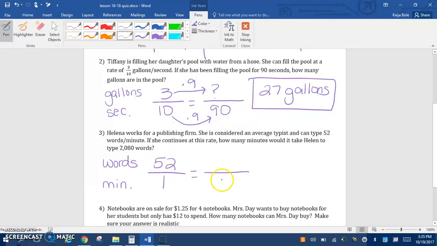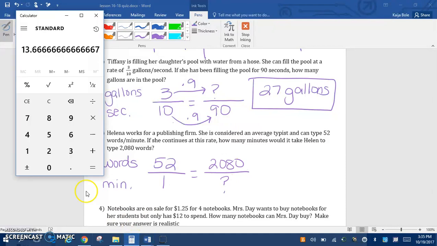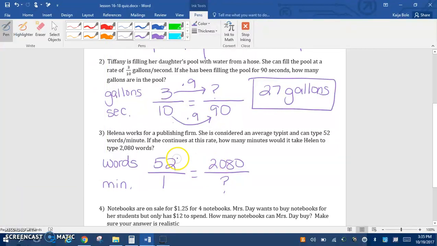They want to know how long, so how many minutes would it take her to do 2,080. So in the calculator, if you do 2,080 divided by 52, you get 40. So that means here I'm multiplying by 40. So in the bottom, I will multiply by 40. So that means it would take her 40 minutes.